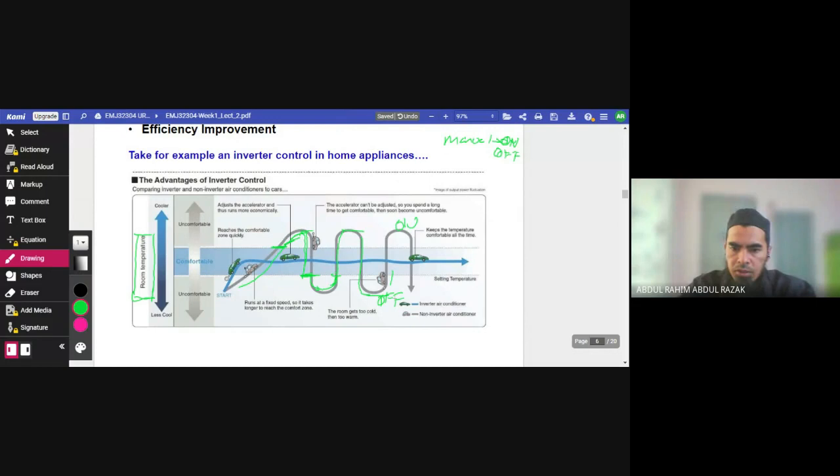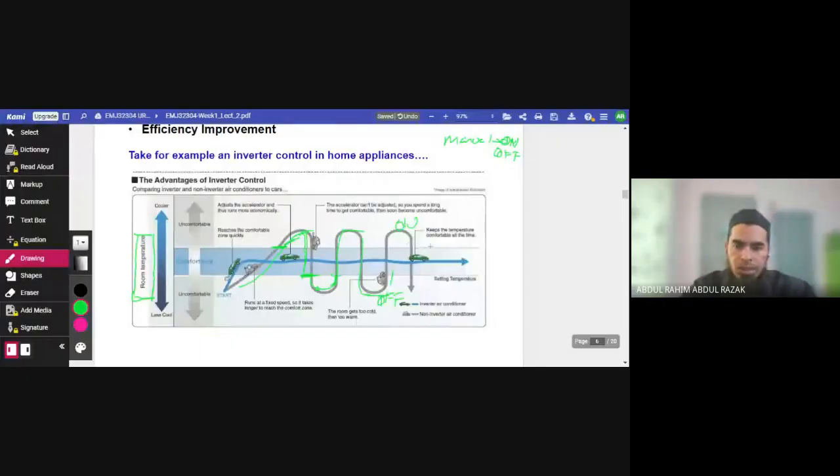So this is what the manual or solid state kind of switch control is. It means the response is not so good.